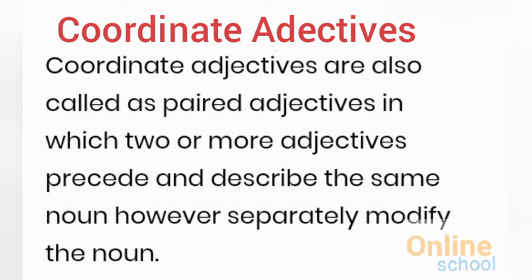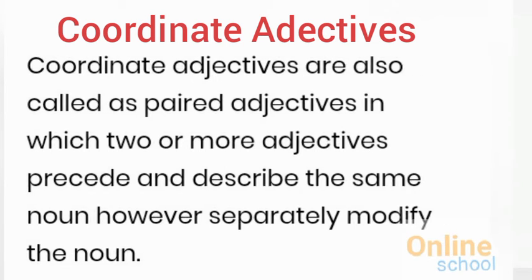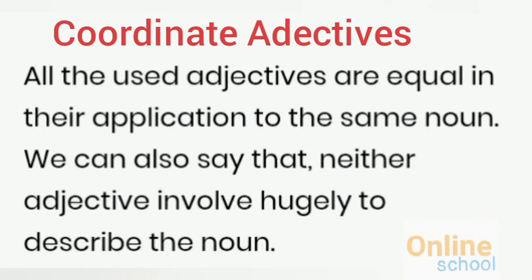Coordinate adjectives are also called paired adjectives, in which two or more adjectives precede and describe the same noun, however, separately modify the noun. All the used adjectives are equal in their application to the same noun. We can also say that neither adjective is usually involved more than the other to describe the noun.